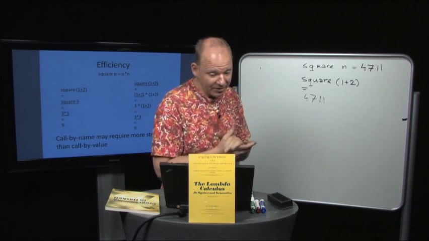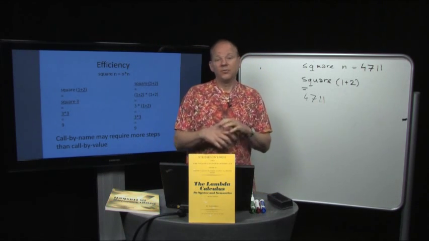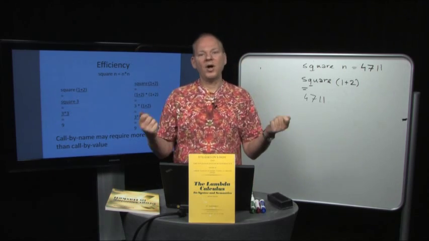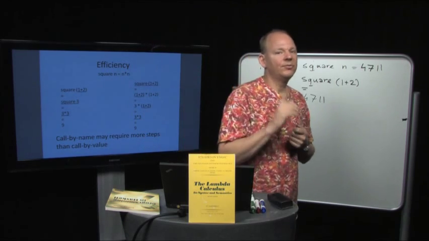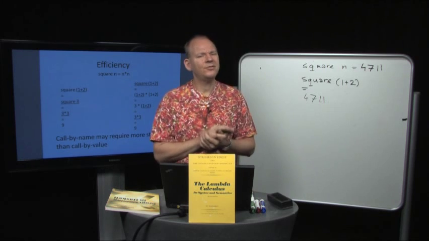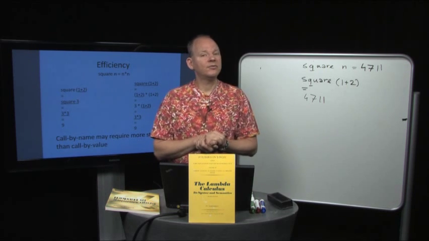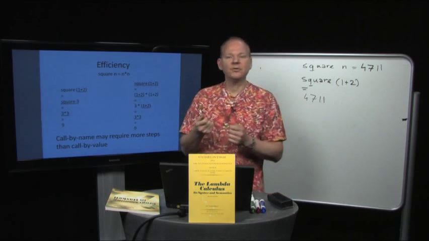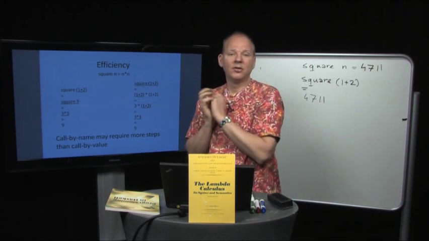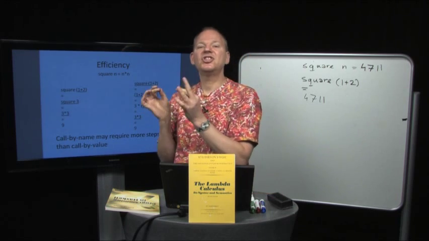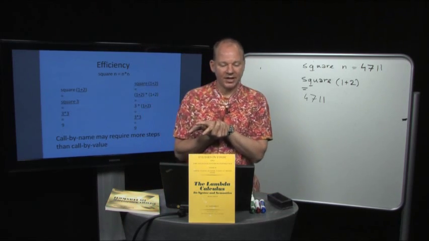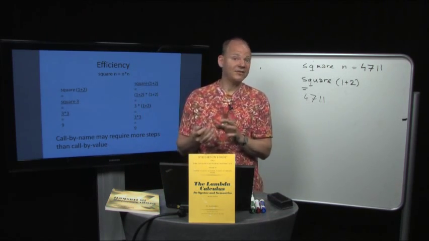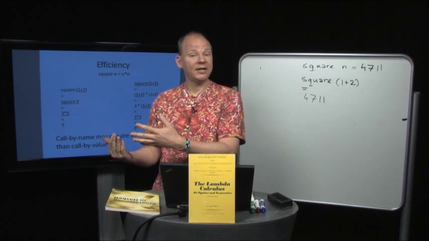Well, apparently when we do call by value, when an argument is used twice, it's executed only once. Now, in order to achieve that, we don't really need to execute that argument eagerly. We don't have to execute that up front. What we can do is share the execution of that argument. And if we can do that, then we can still defer the execution.